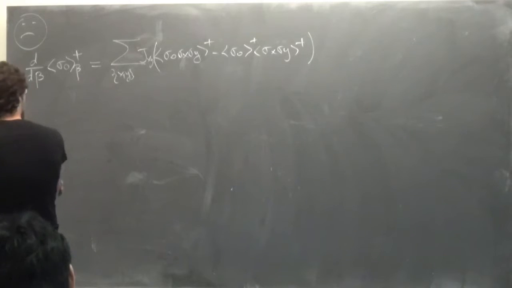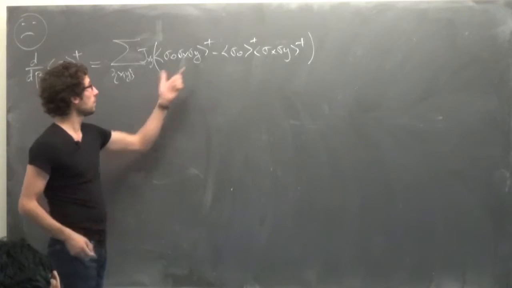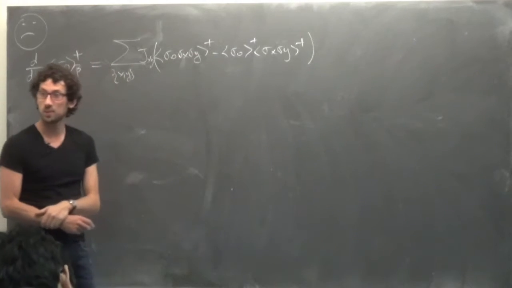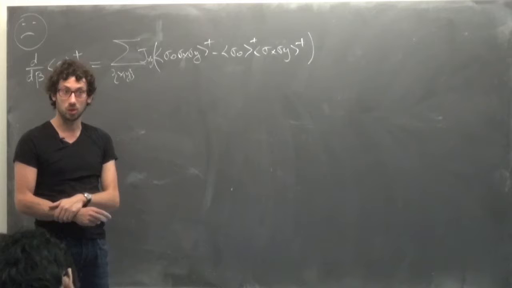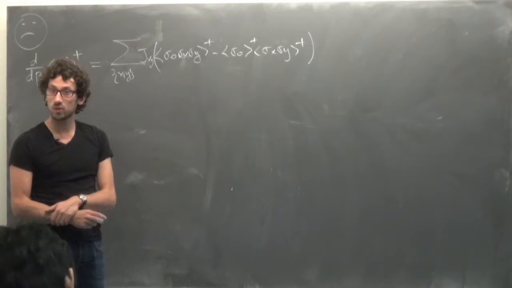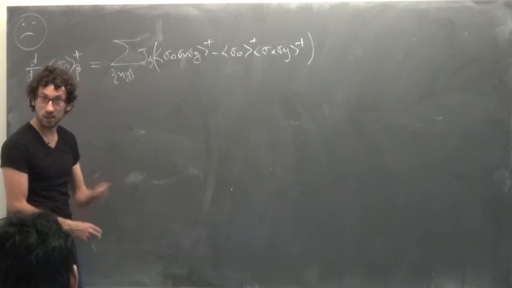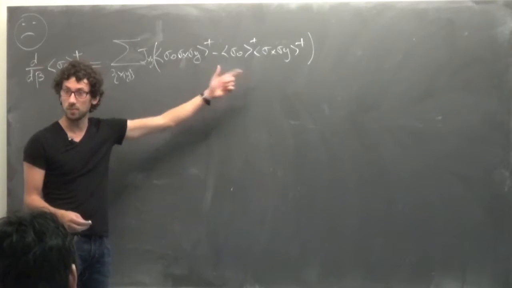Now, I can use the switching lemma. I already mentioned that this type of quantity can be expressed in terms of random currents, and I can use the switching lemma in there. I see that people are doing like that. You remember that last week I did exactly this manipulation.